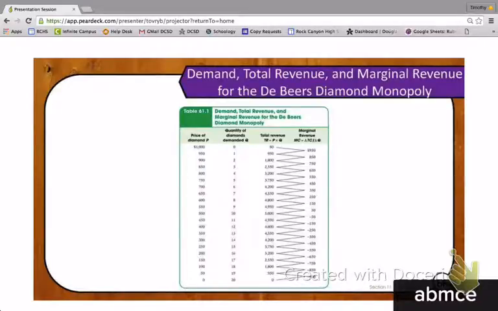And the last column shows the marginal revenue, which is simply the change in total revenue when we sell one more diamond. And you can see that if you compare marginal revenue to the price, marginal revenue is always going to be less than the price because we have to lower the price when we sell an additional diamond for all the previous diamonds that we sold, because the monopoly faces a downward sloping demand curve.